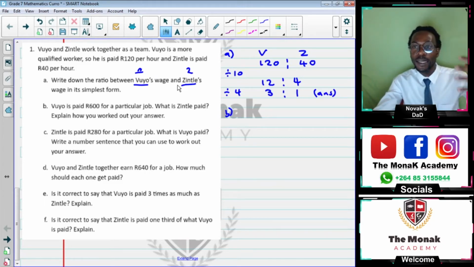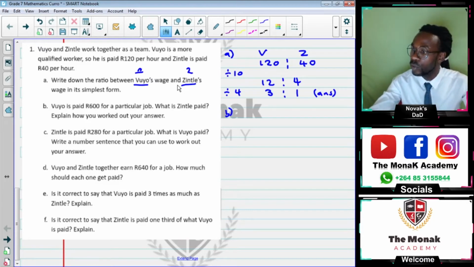Like we said, when we are sharing a total, first add the ratios to get a total, and then based on that total you can share them. It's the same technique that you're going to use here.